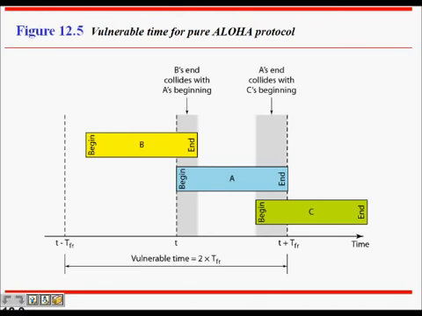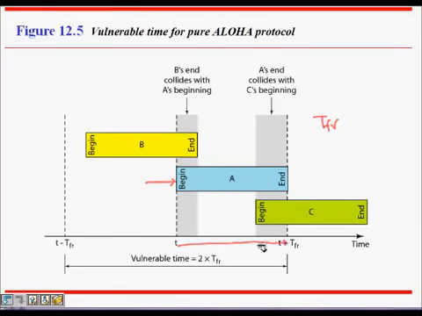Now what is the vulnerable time for pure Aloha, the period where I am susceptible to collision? Let's say I am station A, I begin at this time t, and my transmission time is TFR. I will start at t and transmit till t plus TFR.